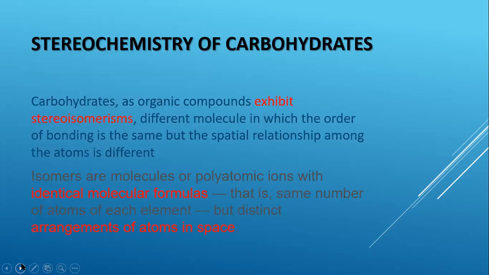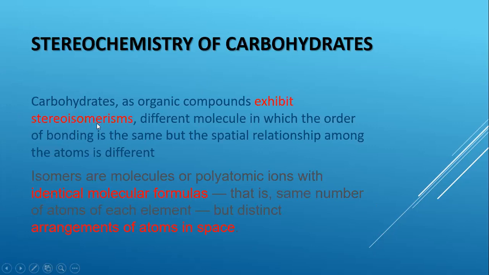Now let's look at the stereochemistry of carbohydrates. Carbohydrates as organic compounds exhibit stereoisomerism. And what do we mean by stereoisomerism? If you look at stereoisomerism, you see one word there: isomer.